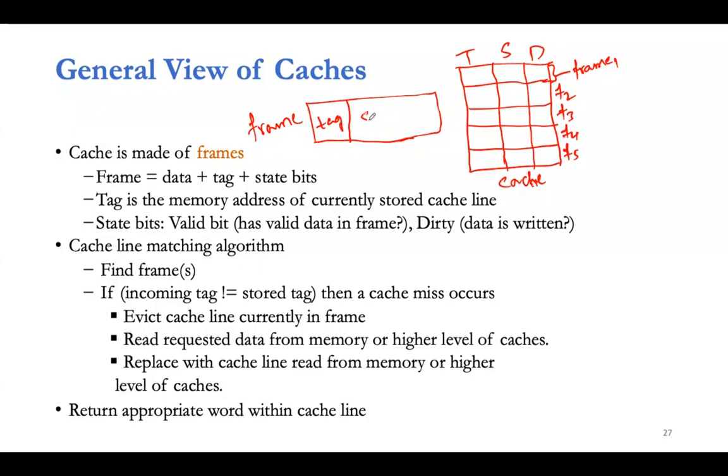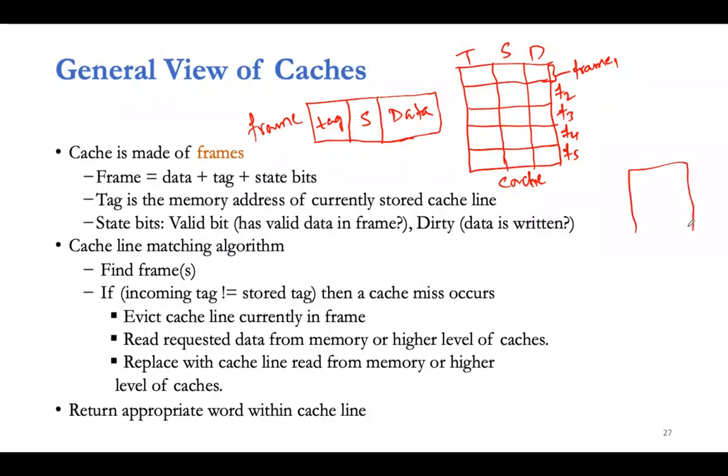The second one is the status bit. This status bit checks whether the data in the data field of the frame is valid or not valid. That is decided by this status bit. The tag is the memory address of the currently stored cache line.